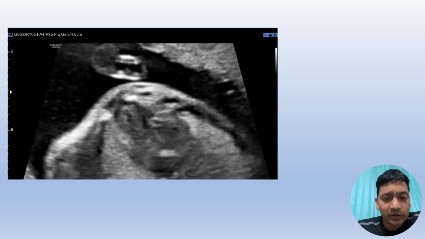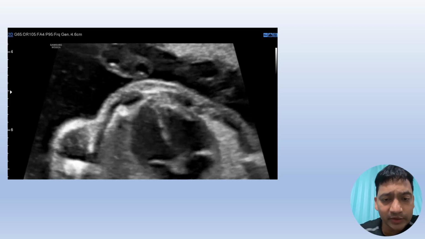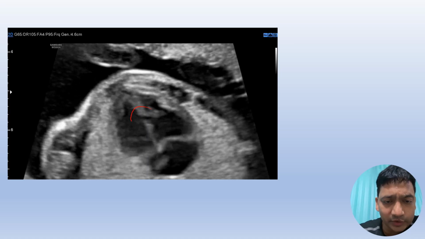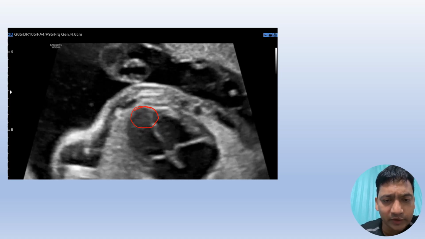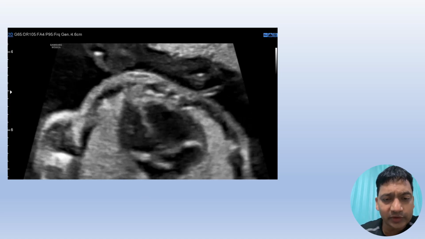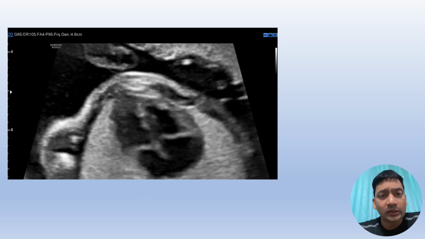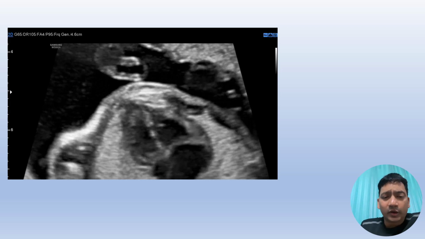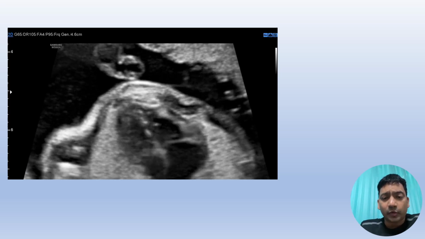If I label these things, this particular little defect in the muscular septum is the muscular VSD. So they can be easily missed on grayscale alone if you don't take the proper views.